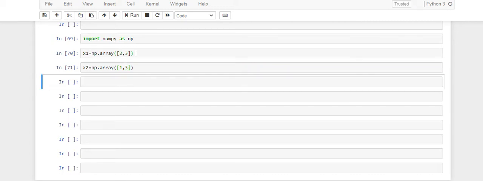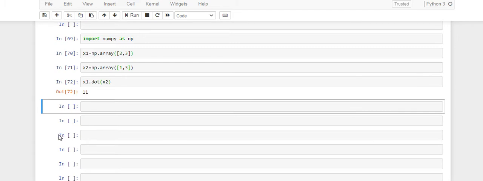This is our x1 vector, and this is our x2 vector. Suppose you want to find the dot product: just calculate x1.dot, passing your x2 value, and this is your dot product, basically.